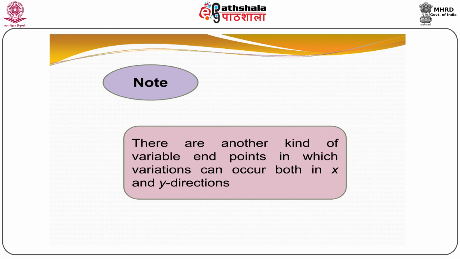Please note that there is another kind of variable endpoints in which variations can occur both in the x and y directions, but here we shall restrict ourselves to the above discussion, that is the case of variable endpoints in which variations occur in the y direction only. So far we have discussed isoperimetric problems.